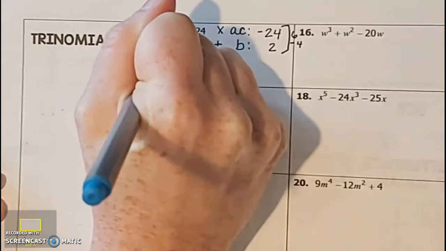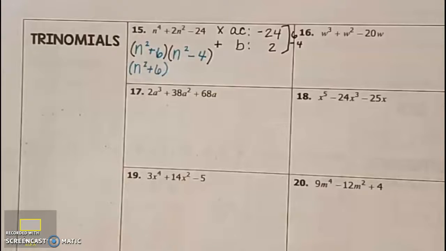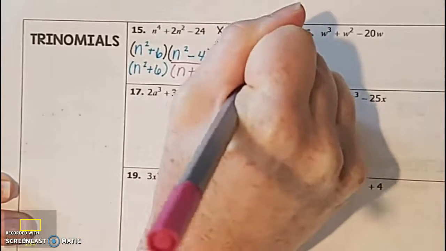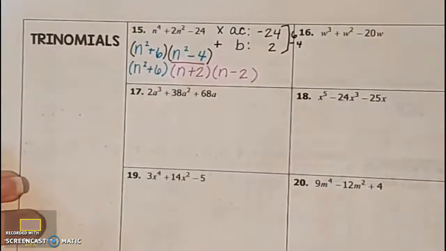Since that is going to be a factor, that won't factor anymore. And then n squared minus 4 becomes n plus 2, n minus 2. Remember, we take the square root of each. The square root of n squared is n, and the square root of 4 is 2. And that will be our answer.